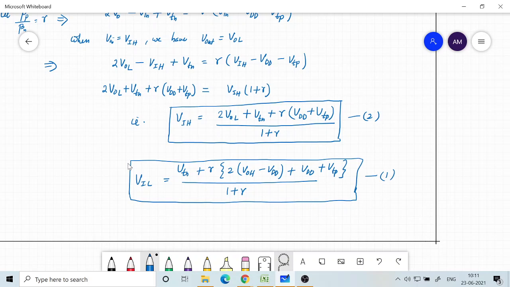So let us subtract equation 1 from equation 2.